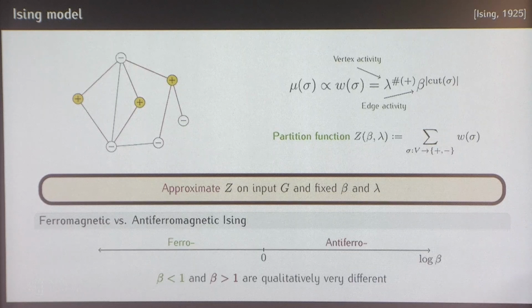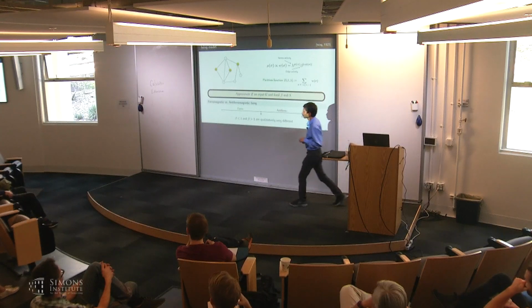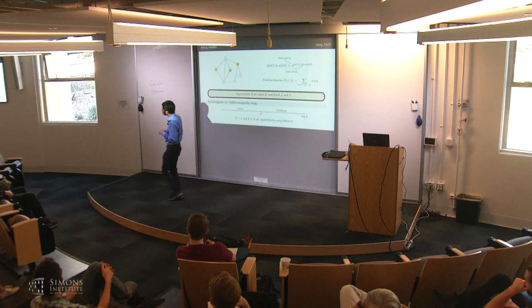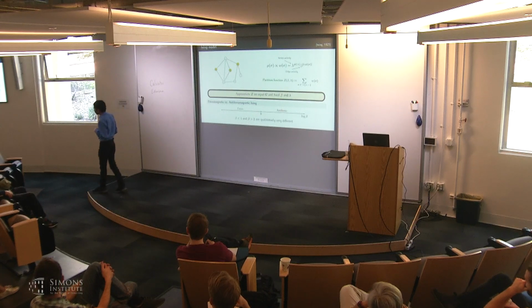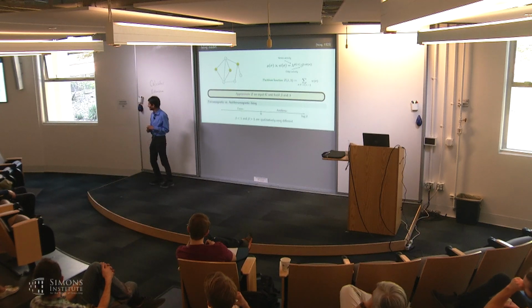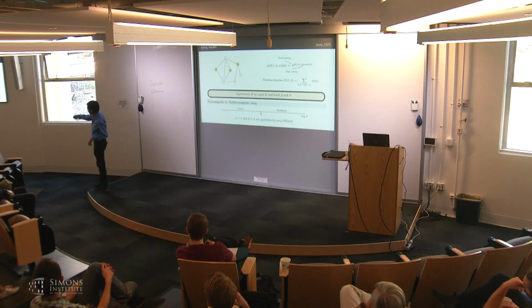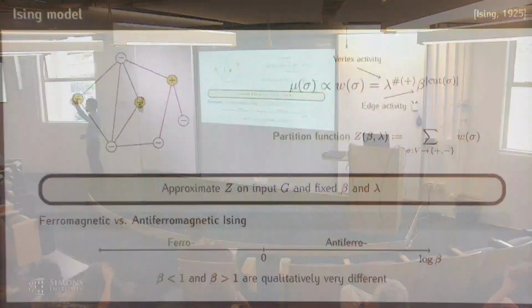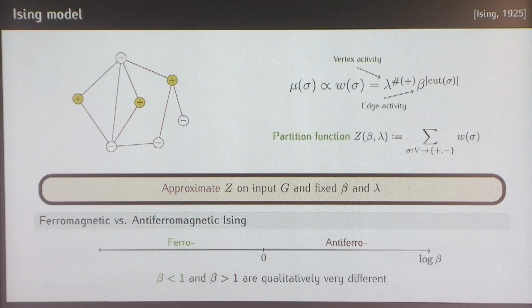So any questions so far? That last line, beta less than 1 and greater than 1, would that mean 0 rather than 1? No, this line is log beta. Sorry. No, underneath it. I mean beta less than 1 and beta bigger than 1. Because this beta is like the e to the power 2J in the usual parameterization.